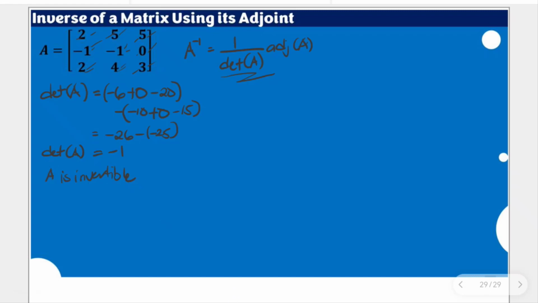Next, since we already have the determinant, let's look at the adjoint. The adjoint of A is the transpose of a matrix of cofactors of A. I repeat, the adjoint of A is the transpose of the matrix of cofactors of A. So we're going to attack it step by step.